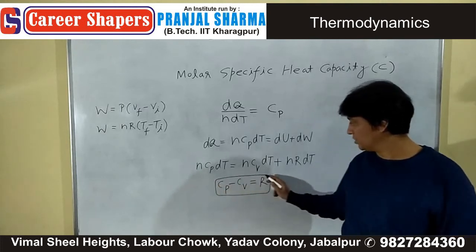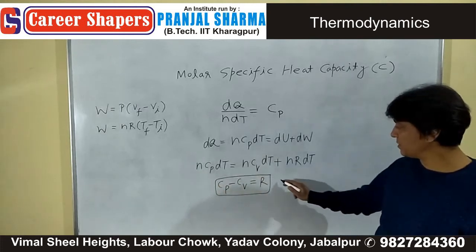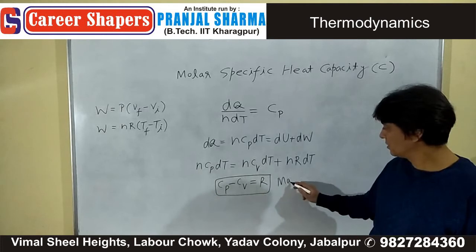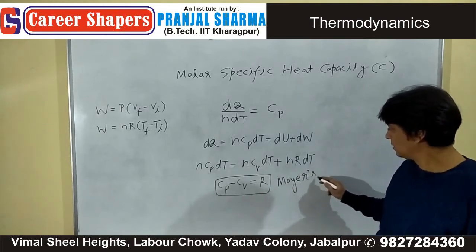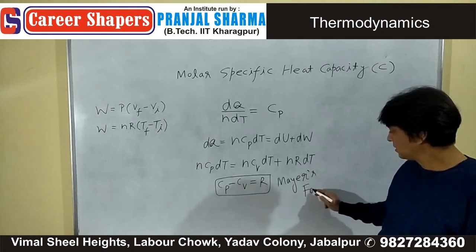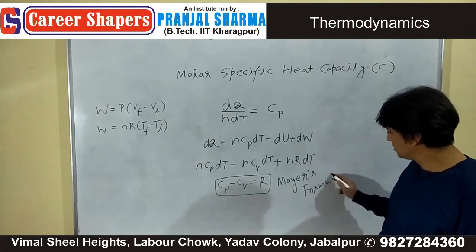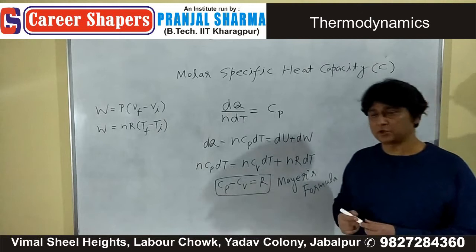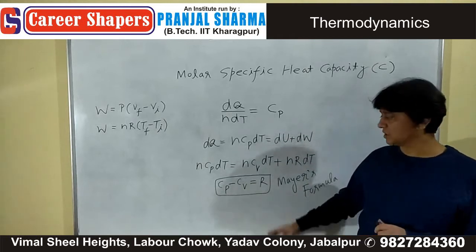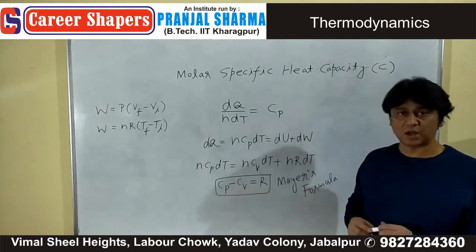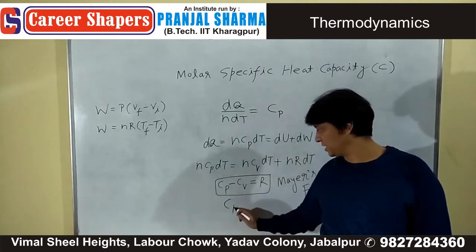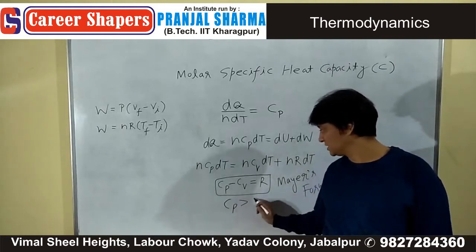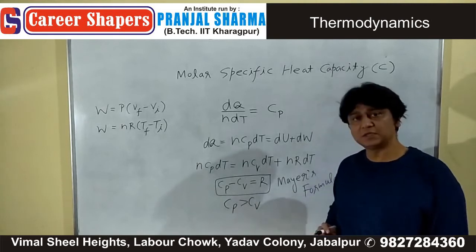An important relation which is known as Mayer's formula. You can expect this question in your school examination. And remember the result, Cp minus Cv is what? R. Which also tells us that Cp is always greater than Cv.